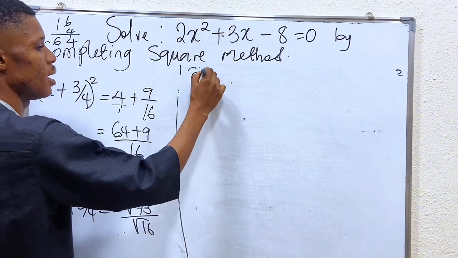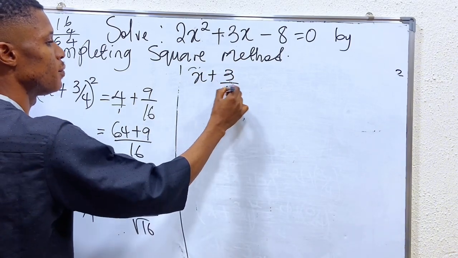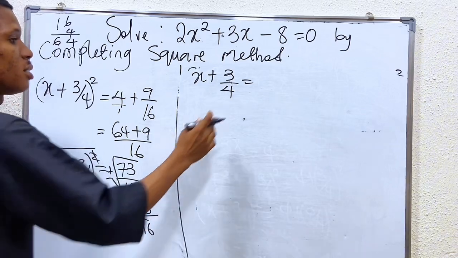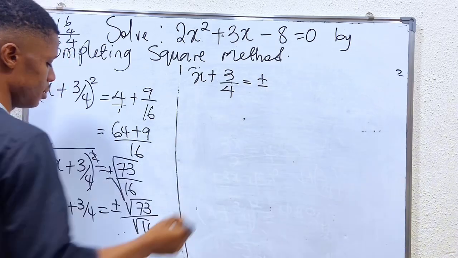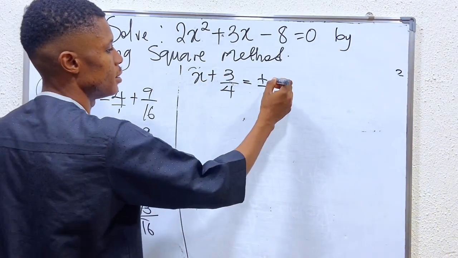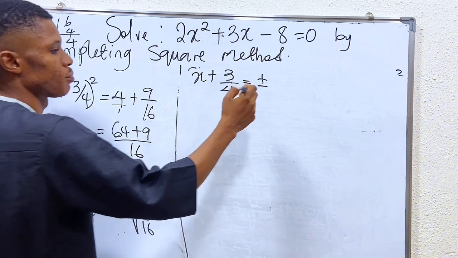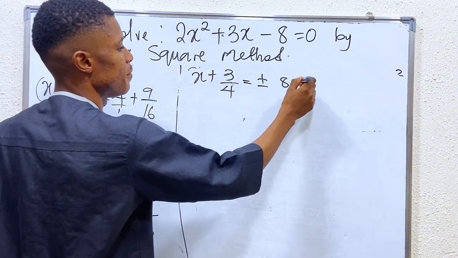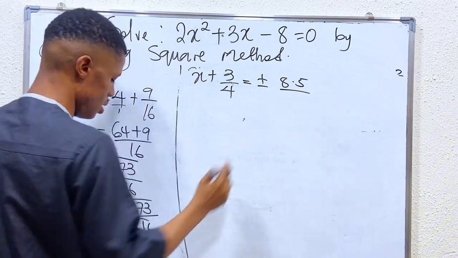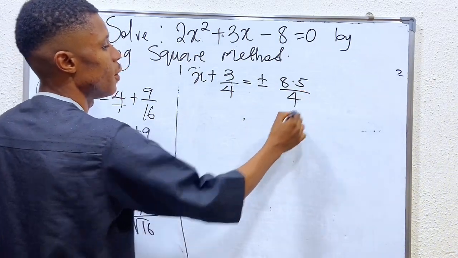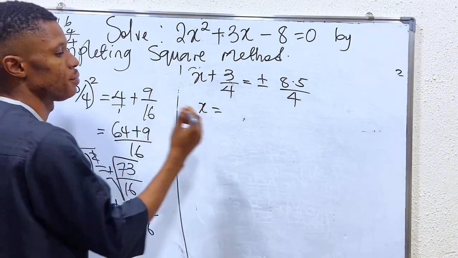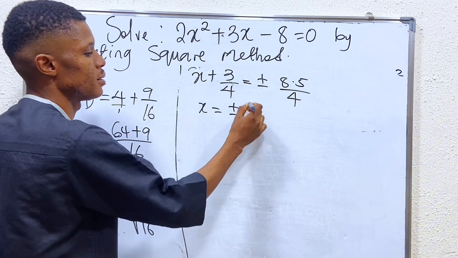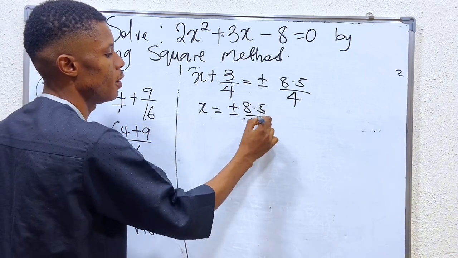The square root of 16 is 4. So x plus 3 over 4 is equal to plus or minus the square root of 73 over 4.